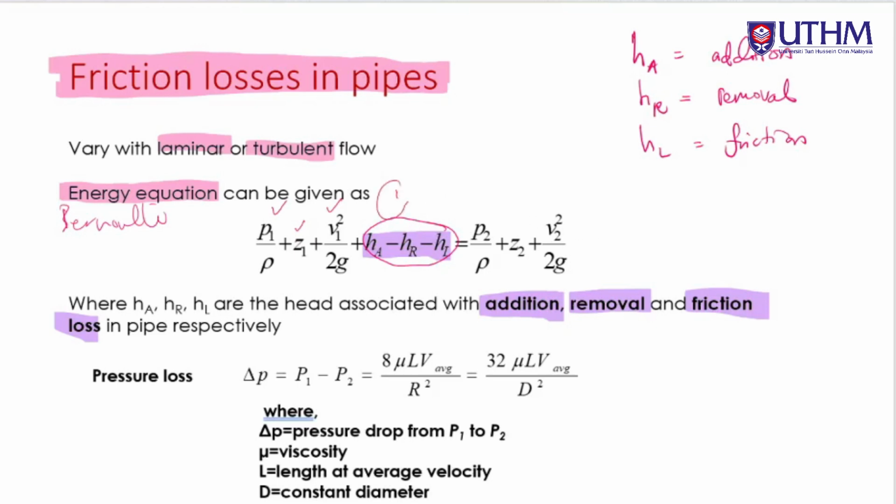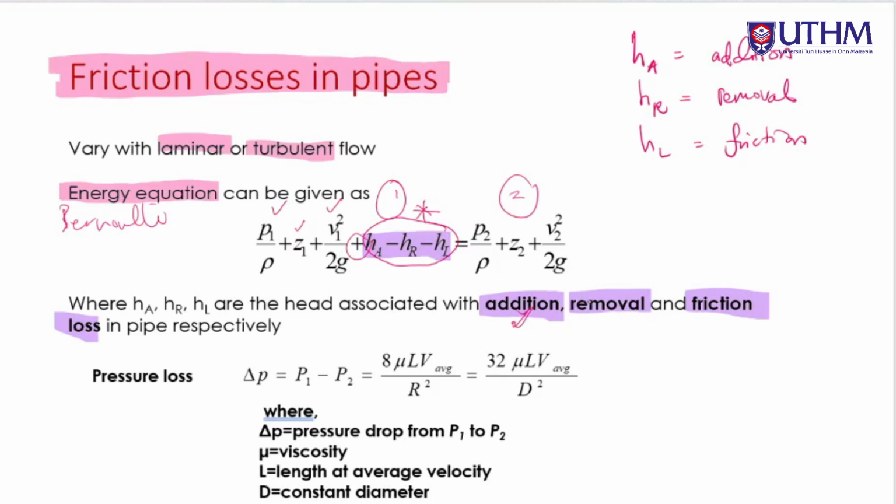Okay, this is at one point, at the second point on the right hand side, this additional item we can consider as HA, HR or HL, in which HA is the additions. Usually we add on energy, and this is an energy equation. So when we add, it means we add additional energy, and usually for pipes we add on pumps, when we use pumps, they add energy to the fluid flow in pipes.